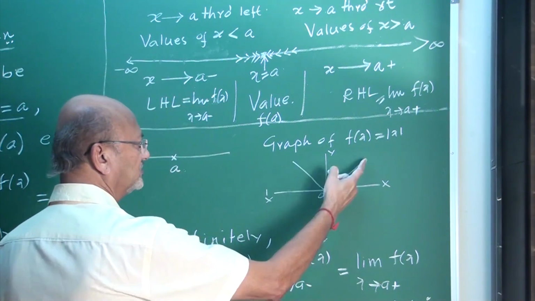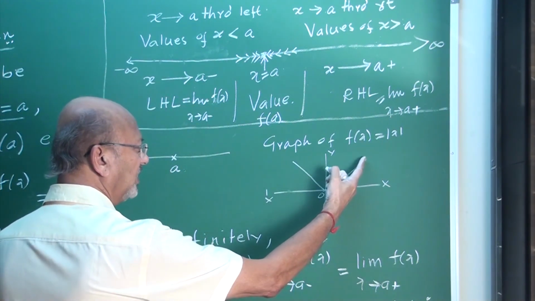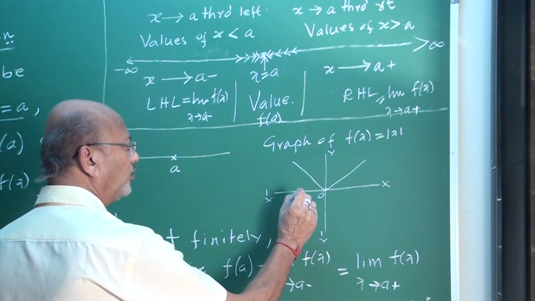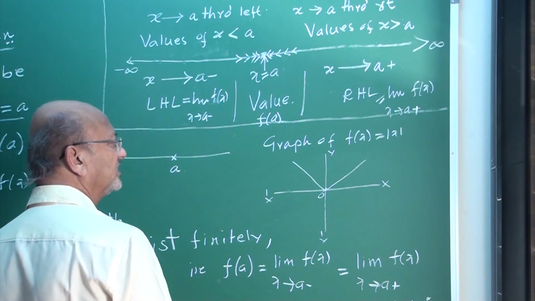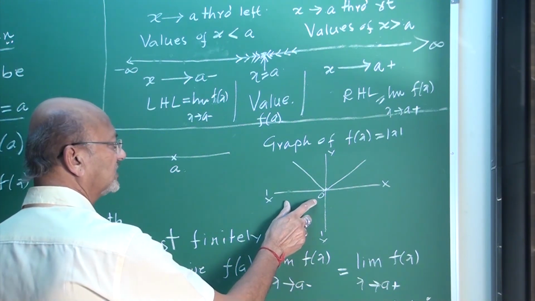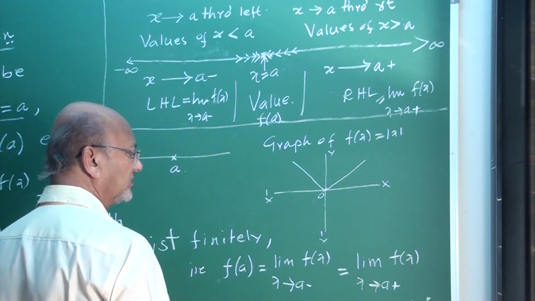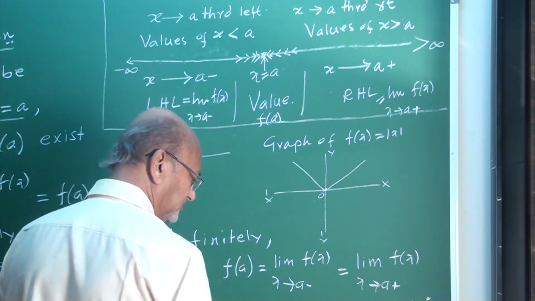See, my friends, what is this? It is a continuous curve, a line without break. No gap is there, so it is a continuous graph. This mod x is a continuous function.